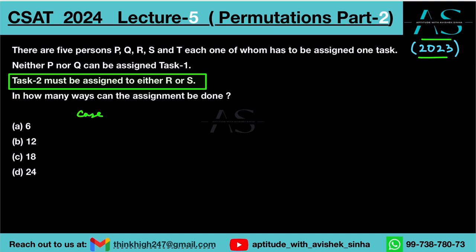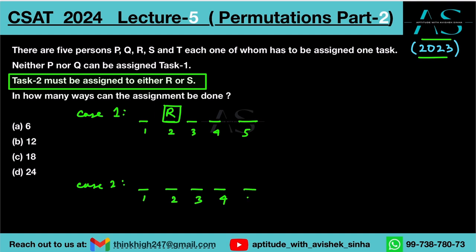Case 1: we write 5 tasks, 1, 2, 3, 4 and 5, and task number 2 is assigned to R. Because task 2 must be assigned to either R or S, in case number 2 we assign the first task, second task, fourth, fifth task, and the second task must be assigned to S. Those are the only 2 possibilities that we have.